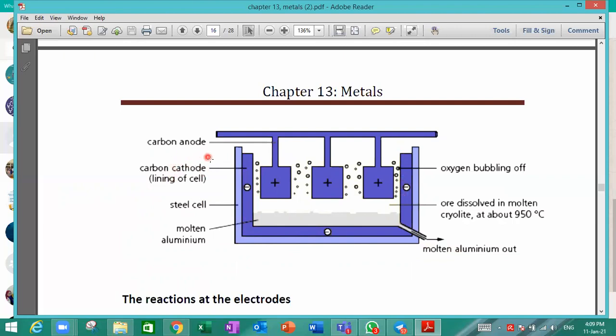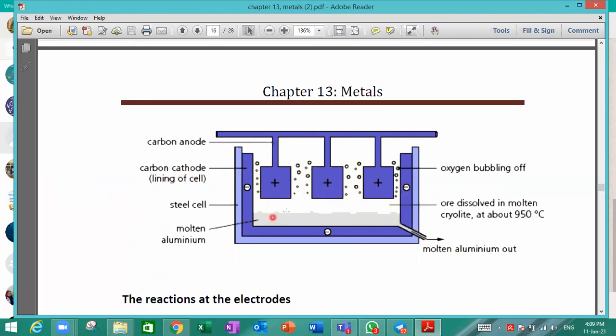And so it will be the cathode in this electrolysis. And we are going to place rods of graphite also, but connected to the positive pole of the direct current supply, so these rods will act as the anodes.